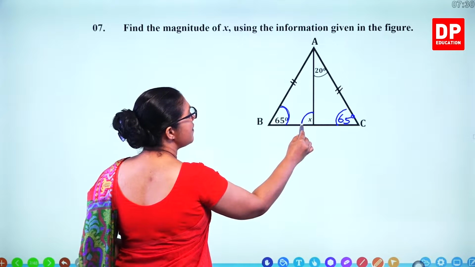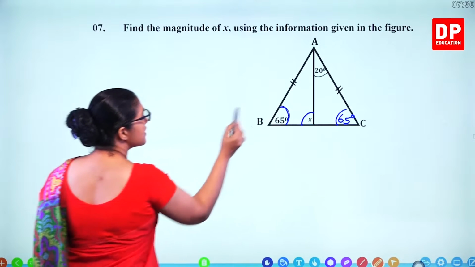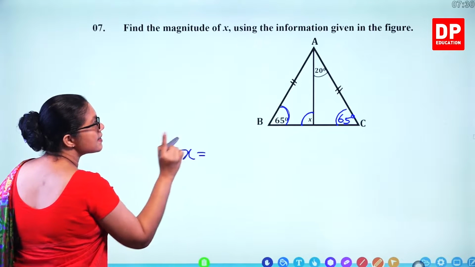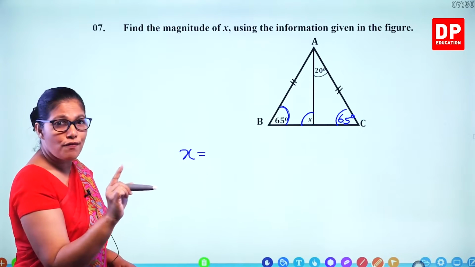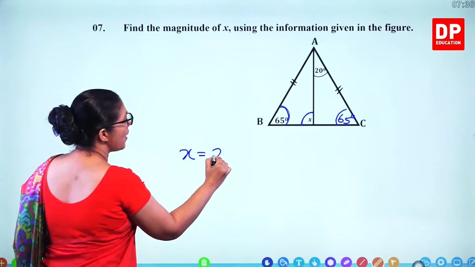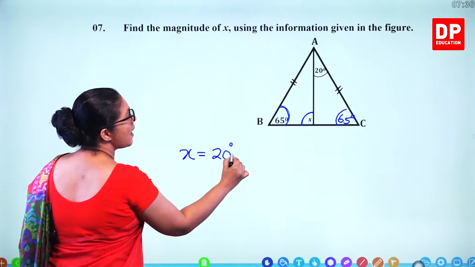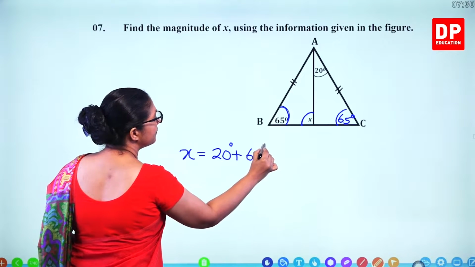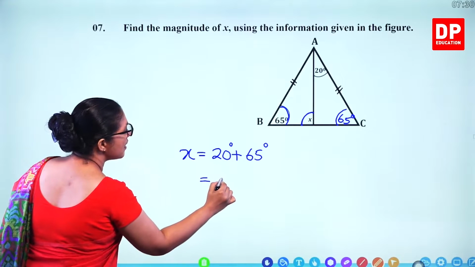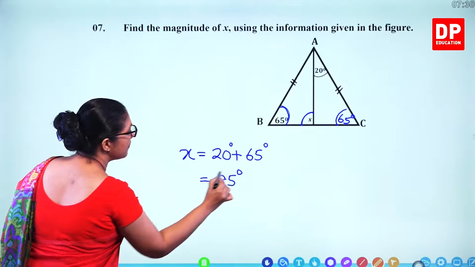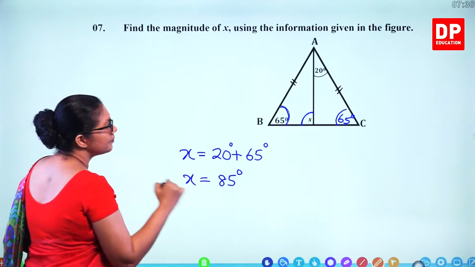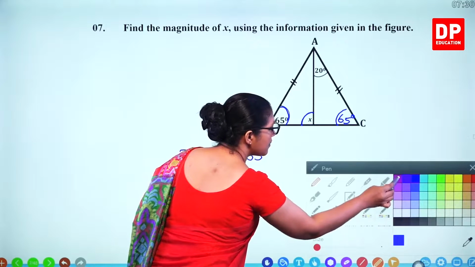X is the exterior angle. So what is x? X is the sum of the interior opposite angles of a triangle. So 20 plus 65. So x becomes 85 degrees. So you get 2 marks.